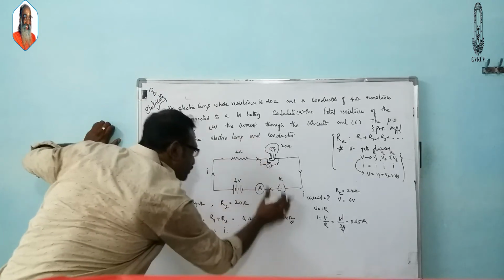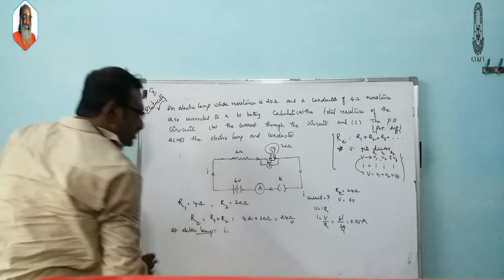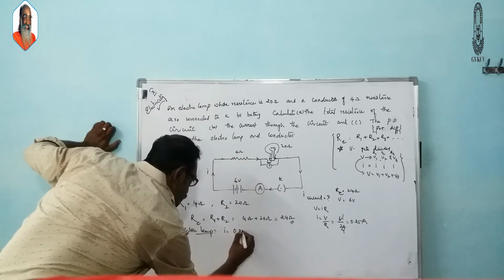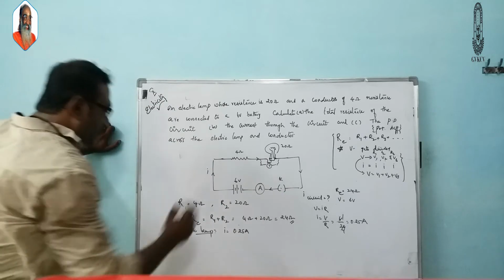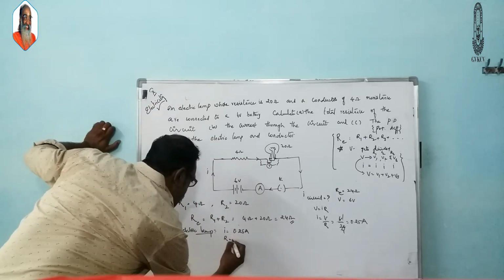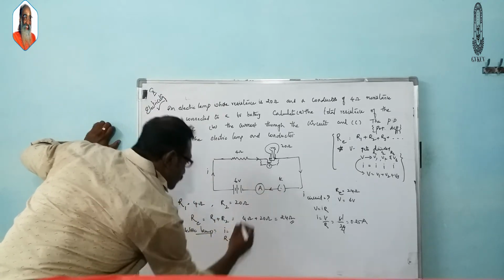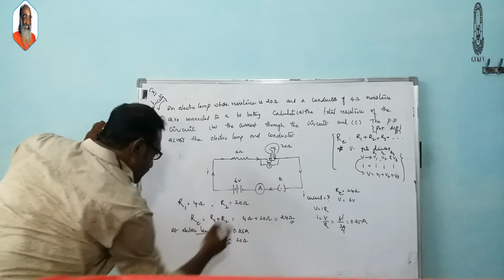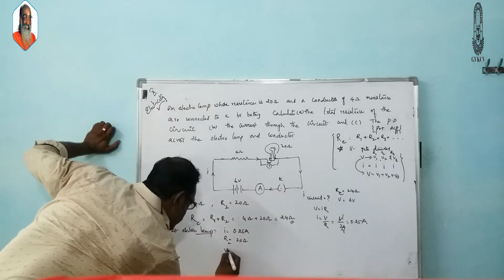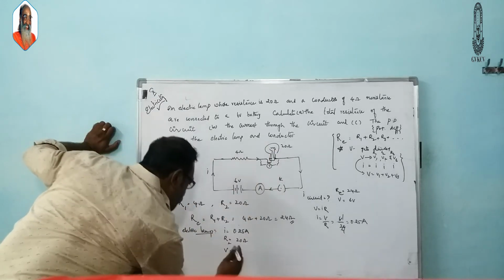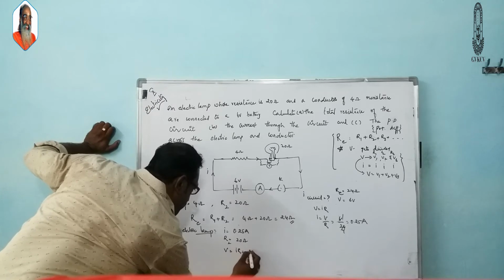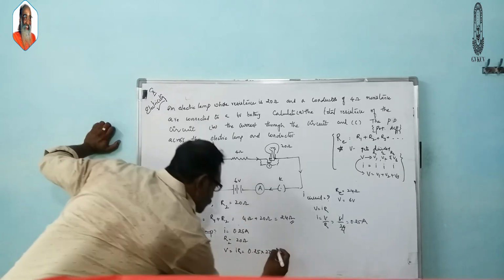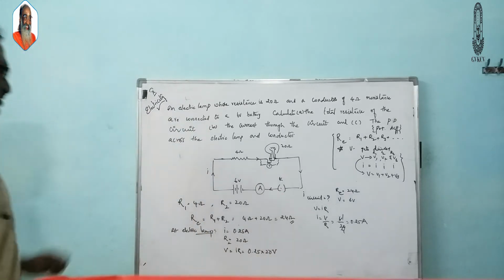The current remains the same throughout the circuit because they are connected in series. The current remains the same throughout the circuit, so it is 0.25 ampere. And what is the resistance? The resistance is 20 ohm. Let it be R2, we have taken it as R2. So now what is the potential difference across this electric lamp? V is equal to IR. So it is 0.25 into 20. So many volts. That's your answer there.